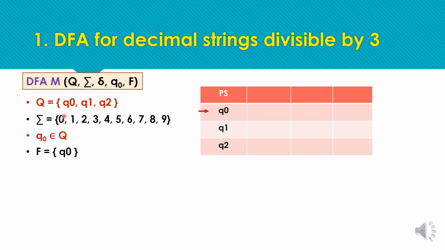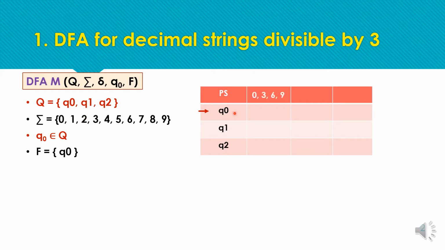For 0 divided by 3, the remainder is 0. For 1 divided by 3, the remainder is 1. So 0 will be part of the first set, 1 will be part of the second set. For 2 divided by 3, we get remainder 2, so it will be part of the third set.